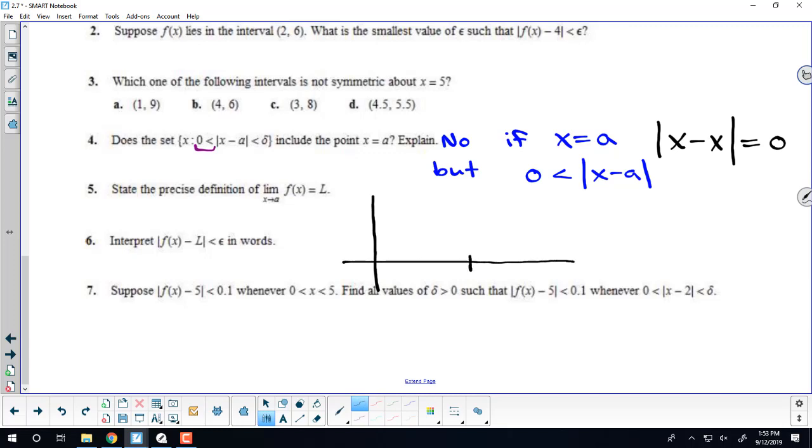Whatever our function is, you got something weird going on, it doesn't matter because we're never going to get there. We keep doing this, but we're never actually going to get to a. So it doesn't matter if the function's defined there or not.